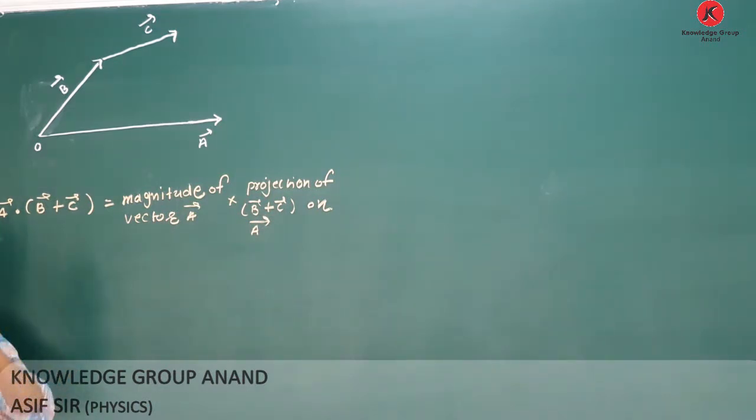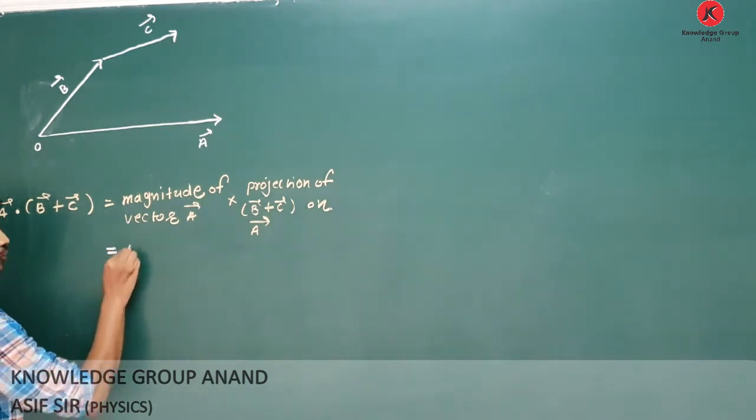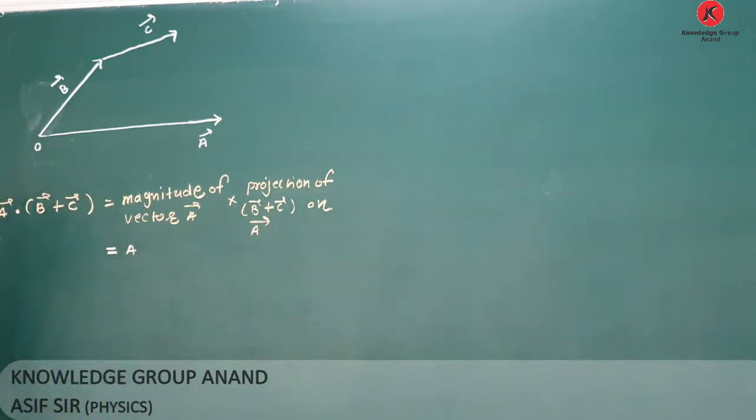It is the definition. Now, the magnitude of vector A, I know it is A. What is the projection of B plus C?